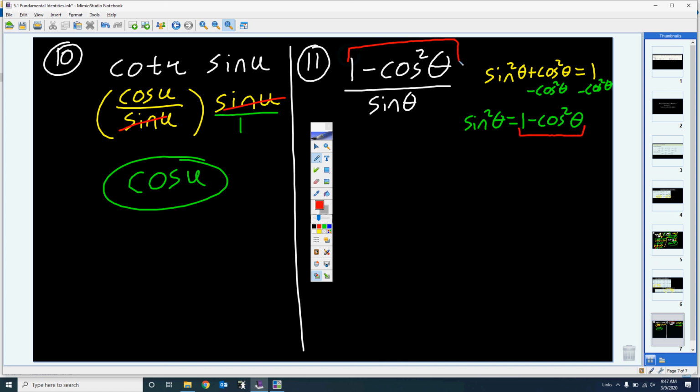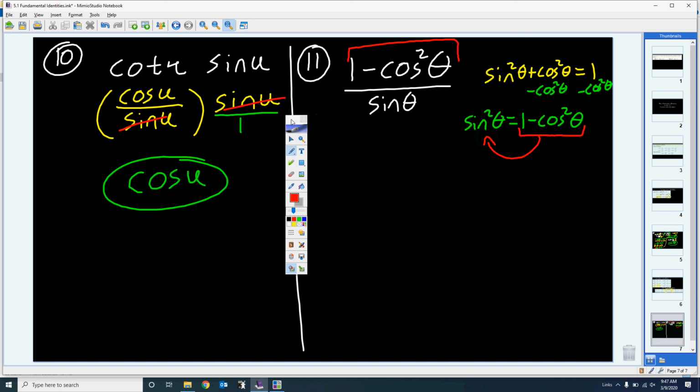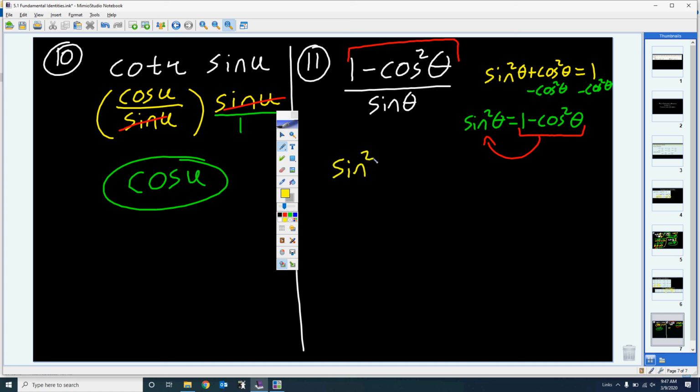So I can replace the top with sine squared theta over sine theta. Well, remember that sine squared theta is just sine theta times sine theta. That's what it means to square something.